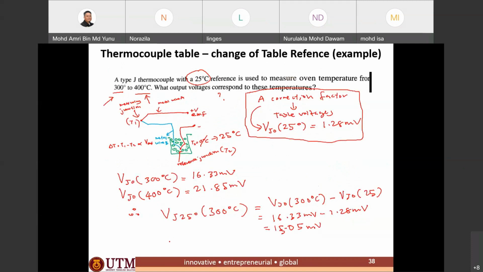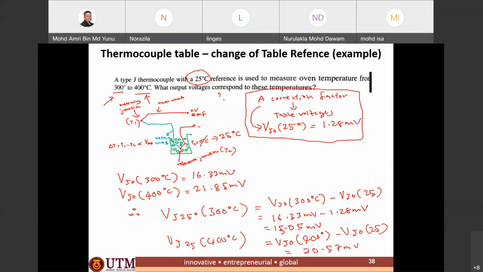Similar to 400. VJ0 at 400 degrees Celsius minus the offset value of 225 should get 20.57 millivolts.